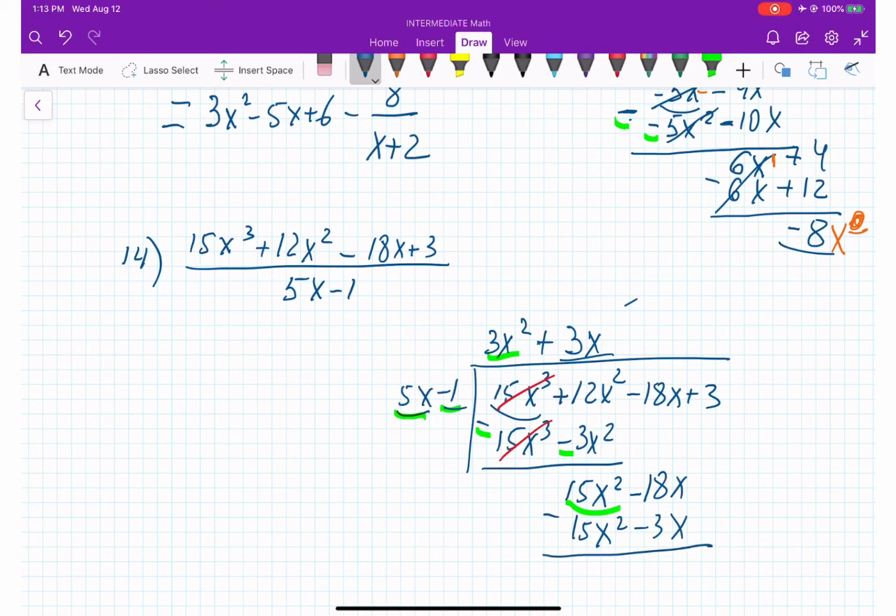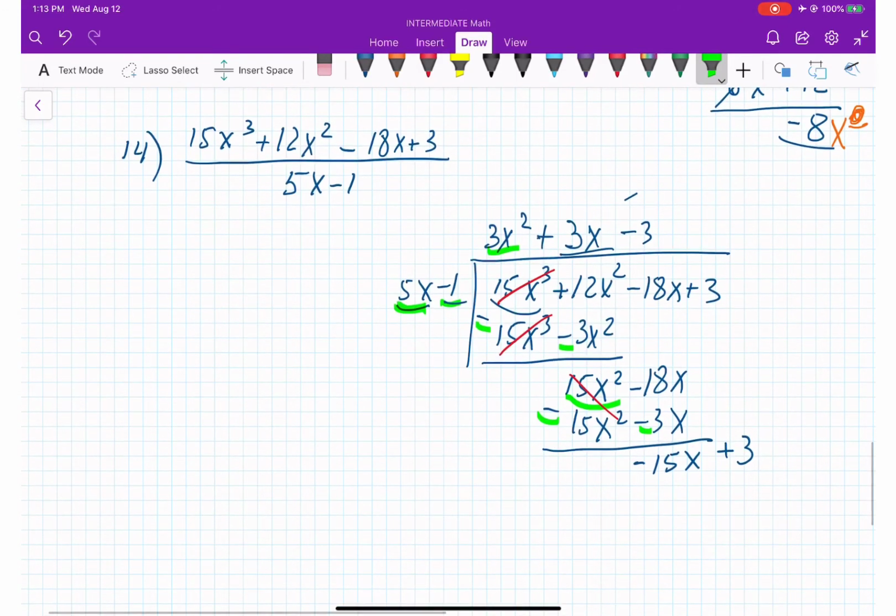Again, this is gone, first of all, they cancel each other. But here we have minus minus, so you will end up with plus, which means we get negative 18x plus 3x. It's going to be negative 15x. And bringing down also plus 3. So negative 15x divided by 5x is going to be negative 3. Always divide by that 5x.